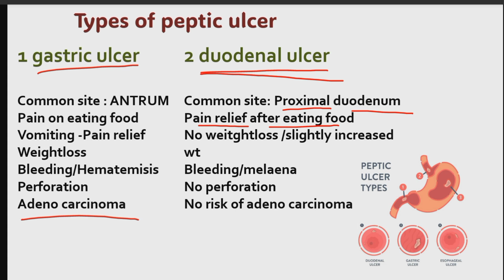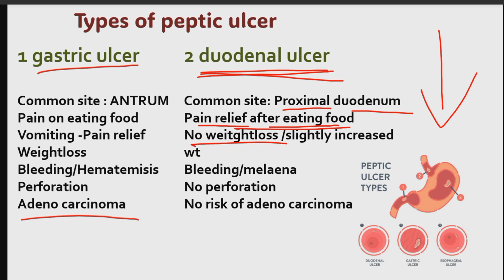Because of closure of the pyloric sphincter, there is no entry of any material into the duodenum. So the duodenum is completely empty, with neither food material nor acid. Because of this emptiness, the duodenum will produce a huge amount of mucus. This mucus will cover the duodenal ulcer and reduce the pain. So after consuming food, there will be a reduction in pain.